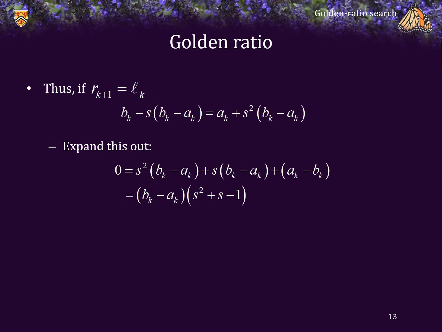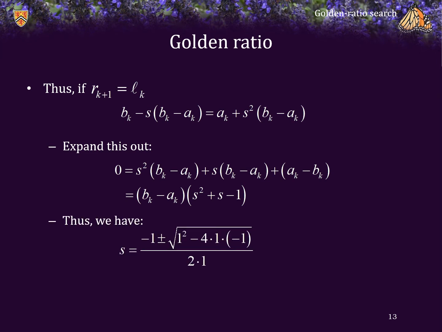Consequently, the only way that can be 0 is if we have s satisfying a root of s squared plus s minus 1. Okay, so that's a quadratic equation, so s must equal this value here, which equals -1 plus or minus root 5 over 2.